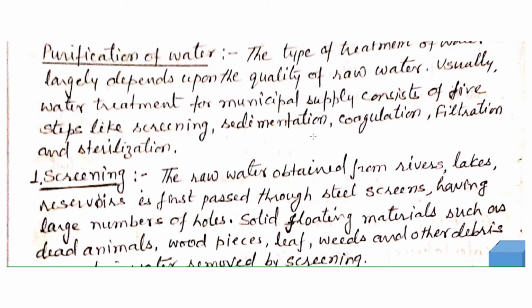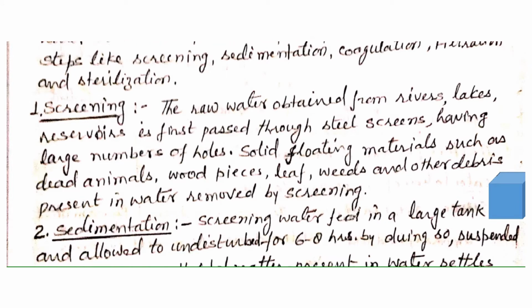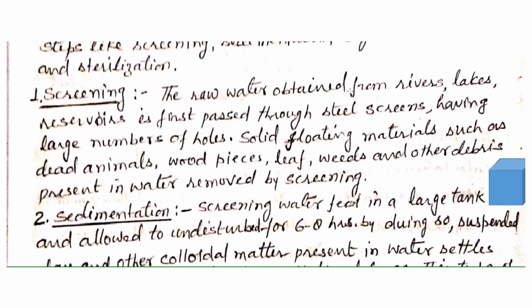The first step municipal corporations adopt for purification of water is screening. The municipal corporation has to take water from natural sources like rivers, lakes, reservoirs, in a huge quantity, millions of liters per day, and supply it according to the needs of the cities.